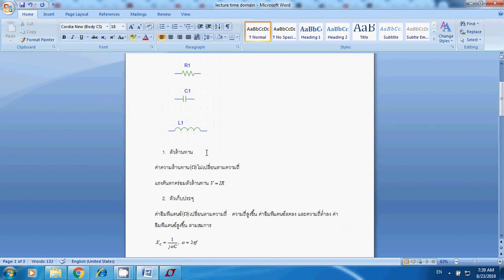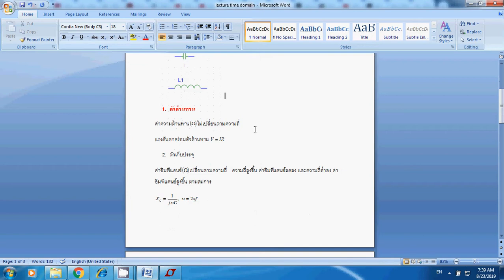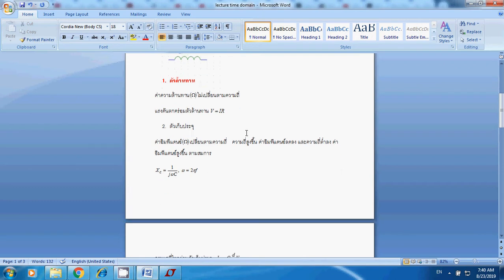The first one is the resistor. You have the resistance in the unit of ohms, that's independent of frequency. But for capacitors and inductors, of course, they depend on frequency. For a capacitor, you know that the impedance, which is in the unit of ohms, varies with frequency.